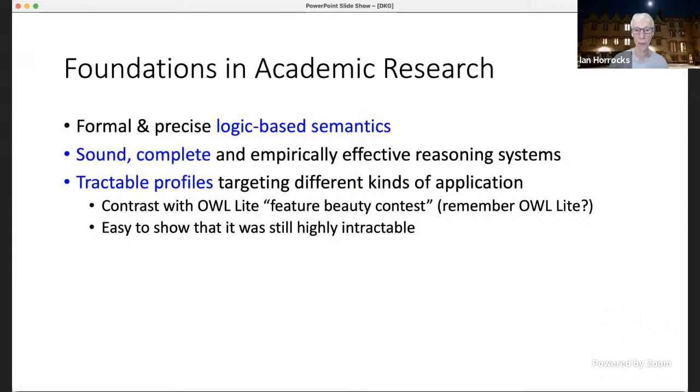And I think this was really important, and you can contrast that with the development of OWL Lite in the original OWL working group, which was really a bit of an afterthought and actually just came from cherry picking a subset of the features without any real consideration of the computational consequences of that. And actually it proved subsequently that it was easy to show that OWL Lite was still highly intractable, didn't really offer any computational advantages with respect to the whole language. And well, I don't think anybody even remembers OWL Lite anymore.